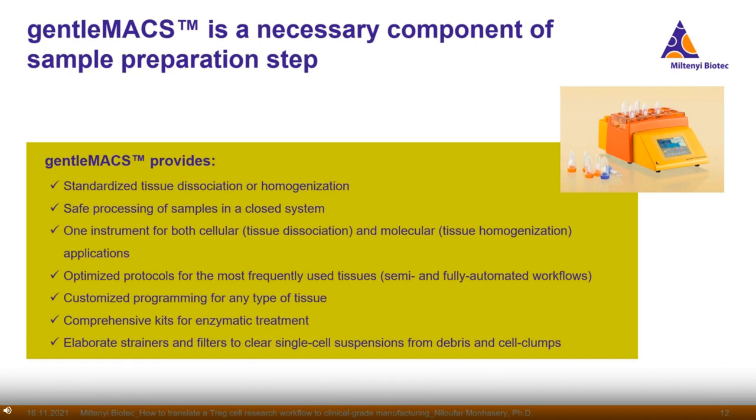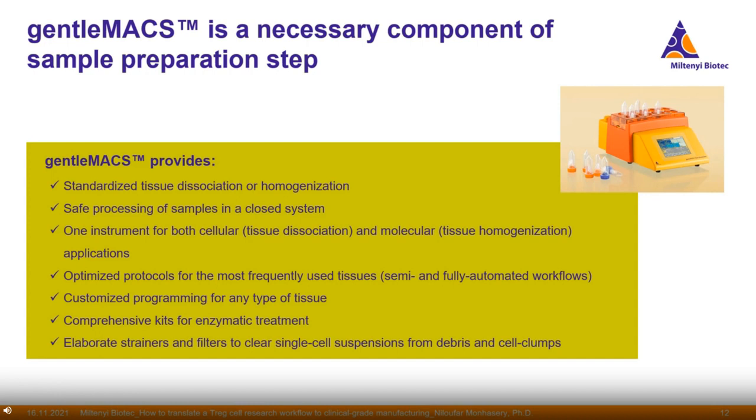There are optimized protocols for the most frequently used tissues, and at the same time customized programming for any type of tissue is possible in this device. And we offer you comprehensive kits for enzymatic treatments that are adapted and adjusted for this device as well.